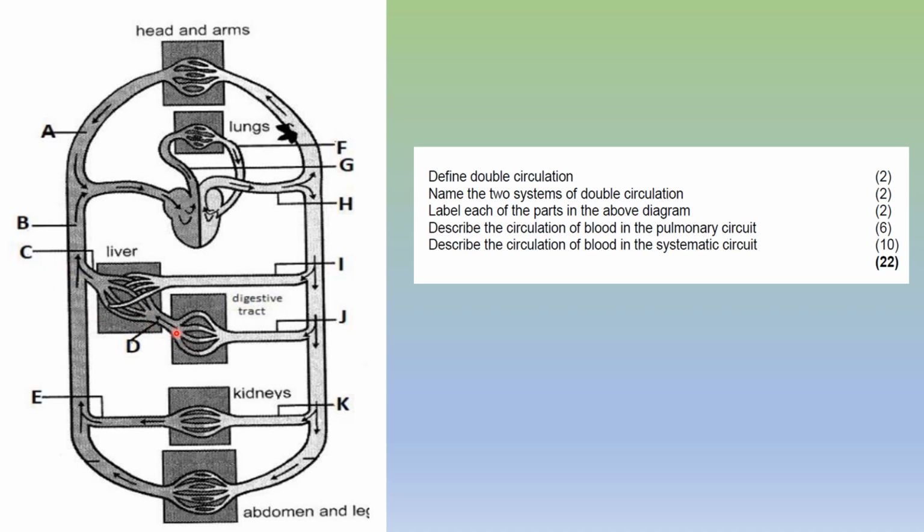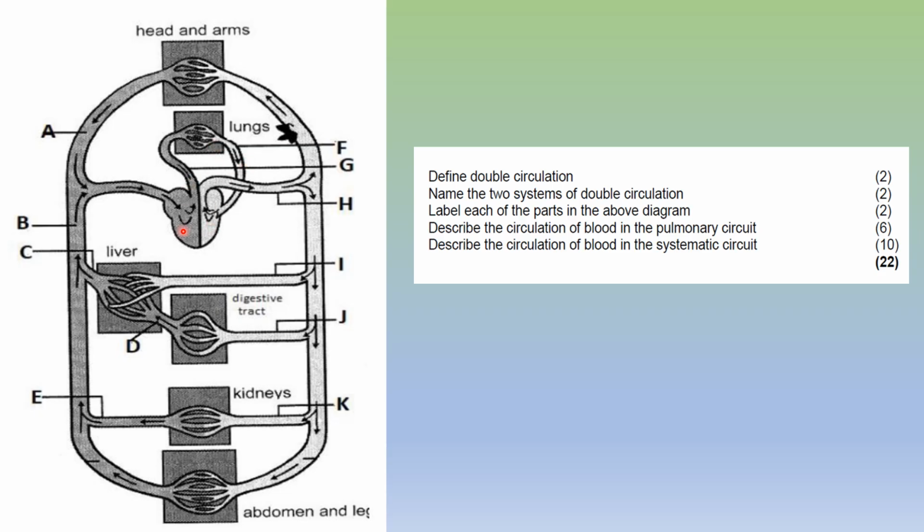D is the vein in between my digestive system and the liver, so it's the hepatic portal vein. Coming from my kidneys is the renal vein. Here at F, it's blood going from my lungs towards my heart. So it is the pulmonary vein.